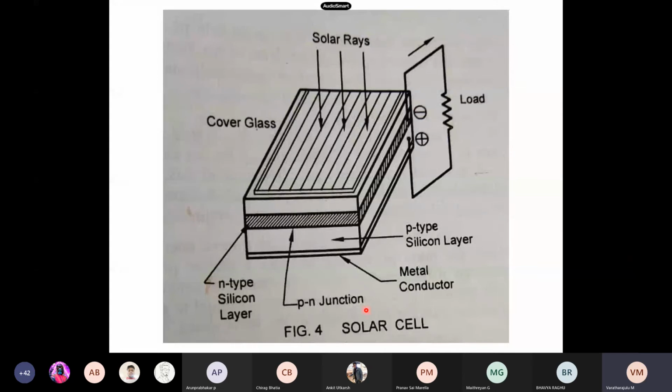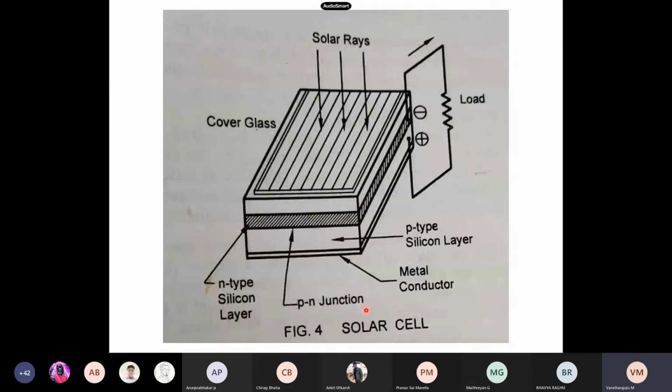The configuration of the solar cell to form the PN junction semiconductor is provided here. Silicon with added materials such as phosphorus or arsenic is called N type, which is considered negative charge silicon.